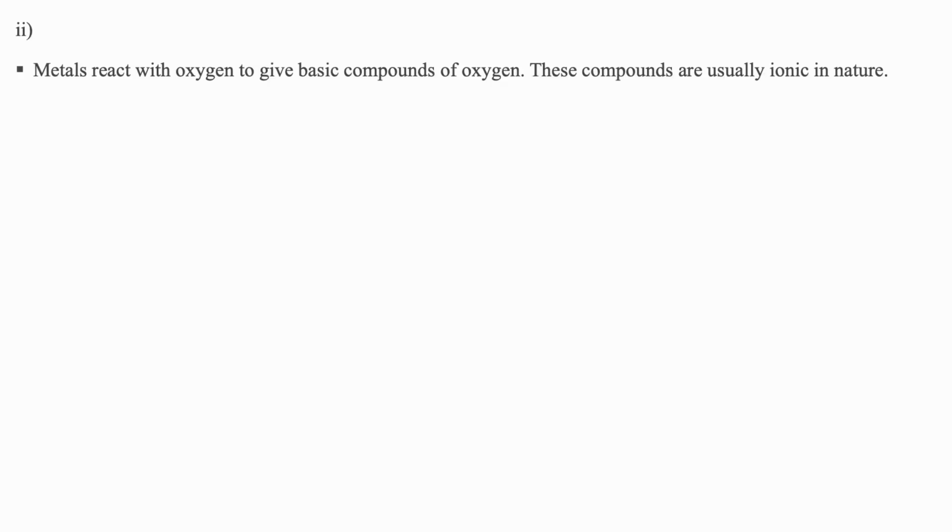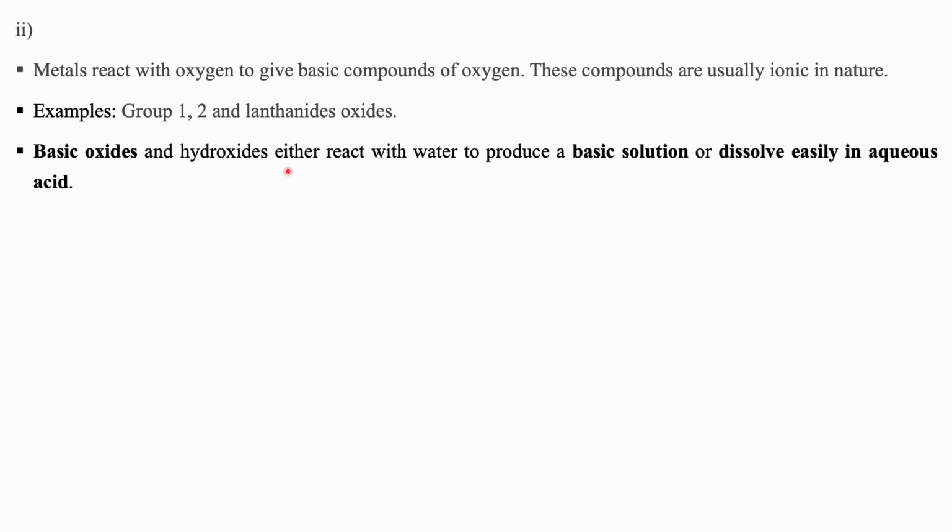Let's see the metals. When metals react with oxygen, they give basic compounds. The oxide or hydroxide that they give is basic. Examples are the group 1, group 2, and also lanthanide oxides. These basic oxides, when they react with water, produce a basic solution, and they also dissolve in aqueous acid.